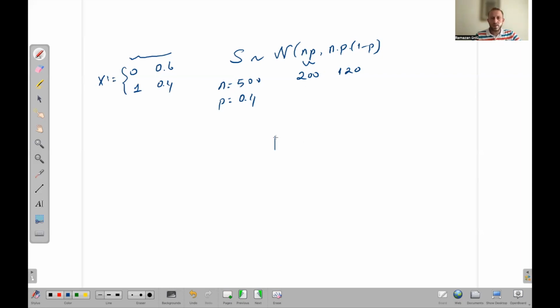So what I am asking is the probability that x will be greater than or equal to 100 and less than or equal to 400. So let's standardize this one. That will be 100 minus mu, and mu is 200 in this case, divided by sigma, which is the square root of 120. And same thing for this one.